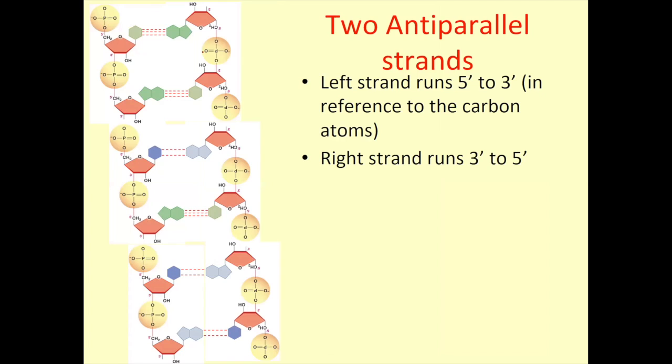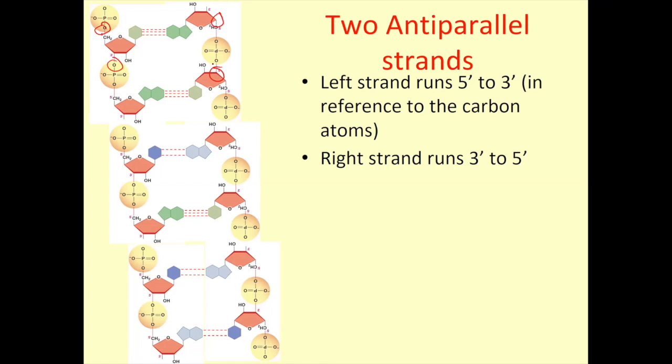So you can see here, carbon 5 joining the phosphate, carbon 3 joining the phosphate. But if we look here, it's actually carbon 3 joining the phosphate, carbon 5. So it's upside down.